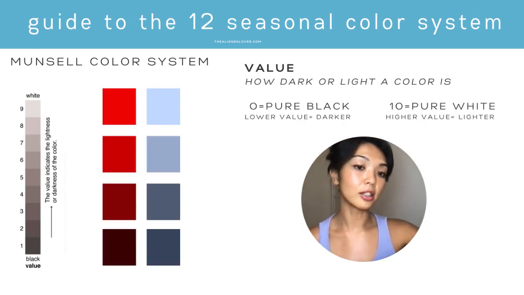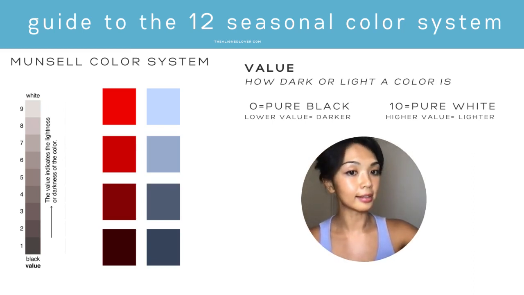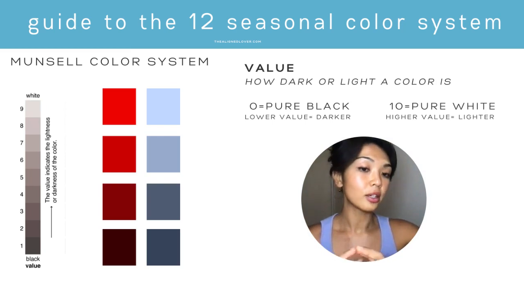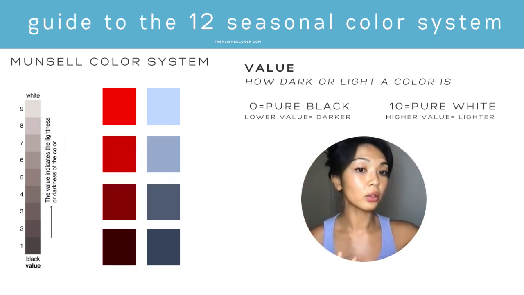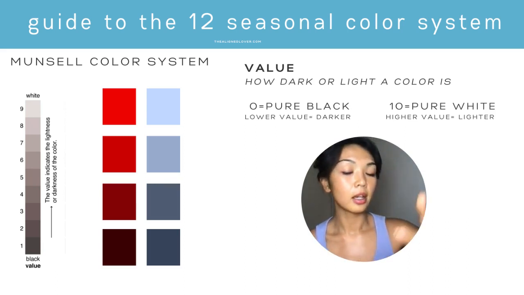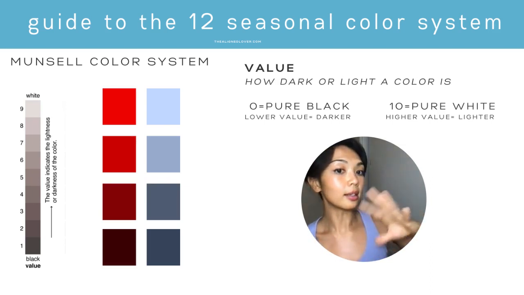The second color dimension is value, how dark or light a color is. This dimension is referenced a lot as low or high value. So to remember this, think of a light switch. When it's off or it's at 0, you're at total darkness. When it's turned all the way on, you have maxed out the light.